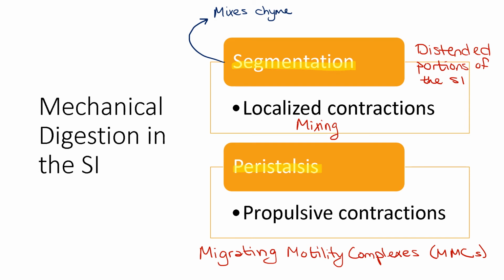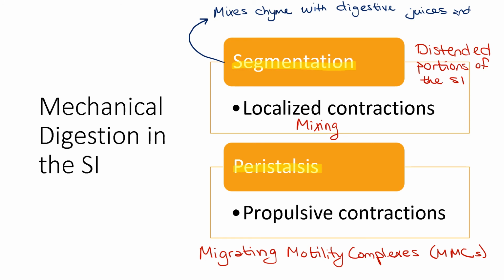So it mixes chyme with digestive juices, and is also going to bring particles of food into contact with the mucosa for absorption.